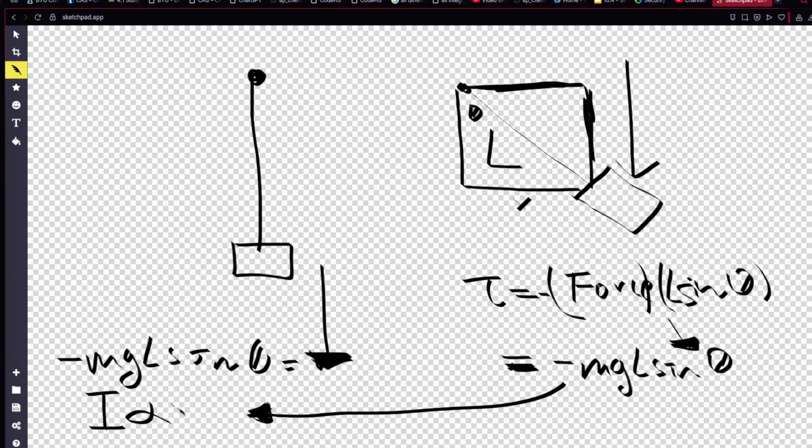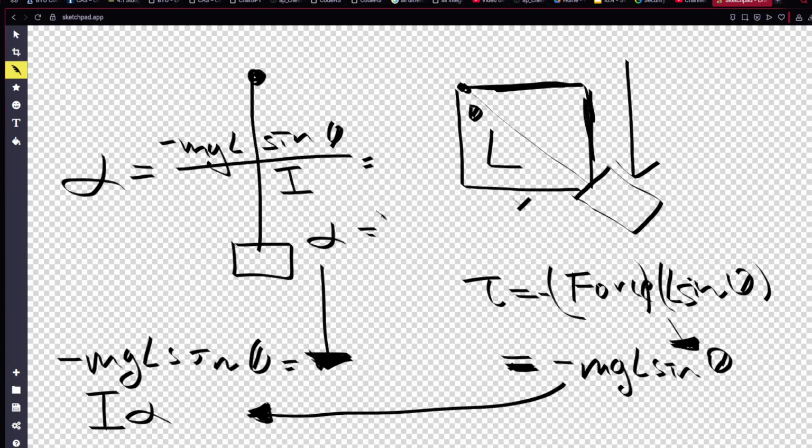We're going to rearrange this algebraically, and this is just simple algebra. You just divide by I on both sides, such that you get the form negative mgL sine theta over I. You can use this formula, and this works too, but physicists like to simplify these formulas.